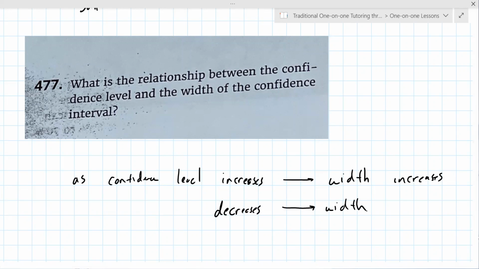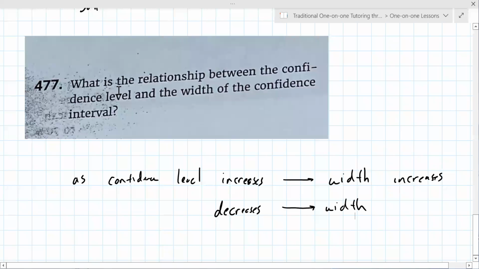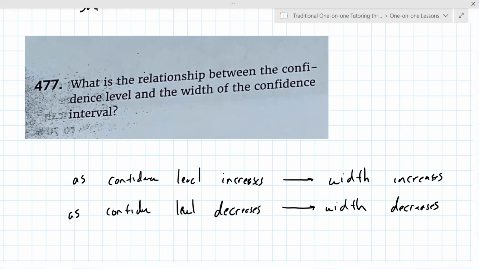Width of the confidence interval. Sorry, hang on just a second here. Let me read this one more time. Confidence level and the width of the confidence interval. Yeah, okay. Yes, this is correct. This is exactly what we wrote in question 471. Okay. The same idea.